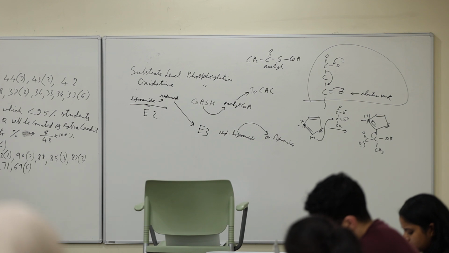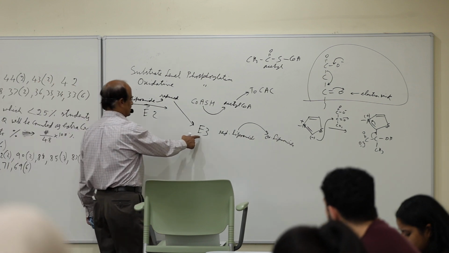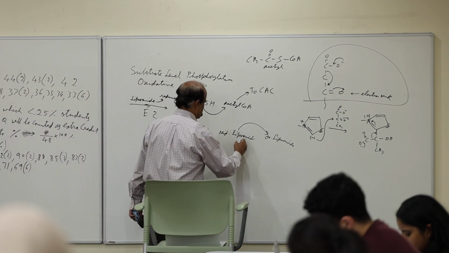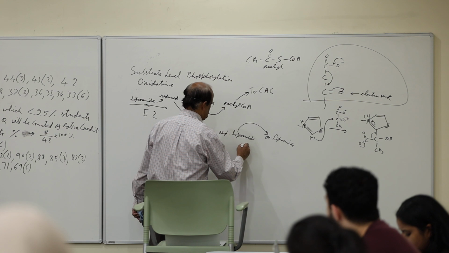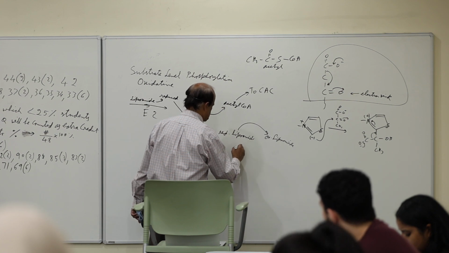And so you need another oxidizing agent. And what is that oxidizing agent? That is this part of this enzyme, another coenzyme, FAD.